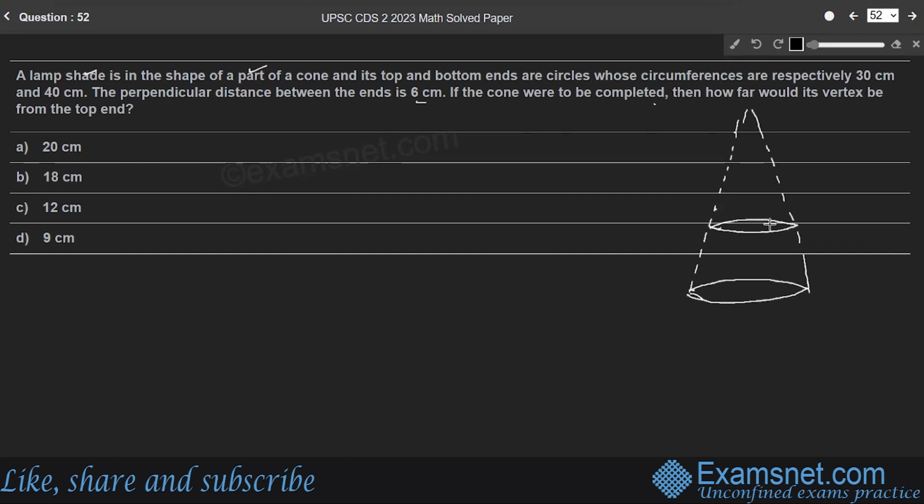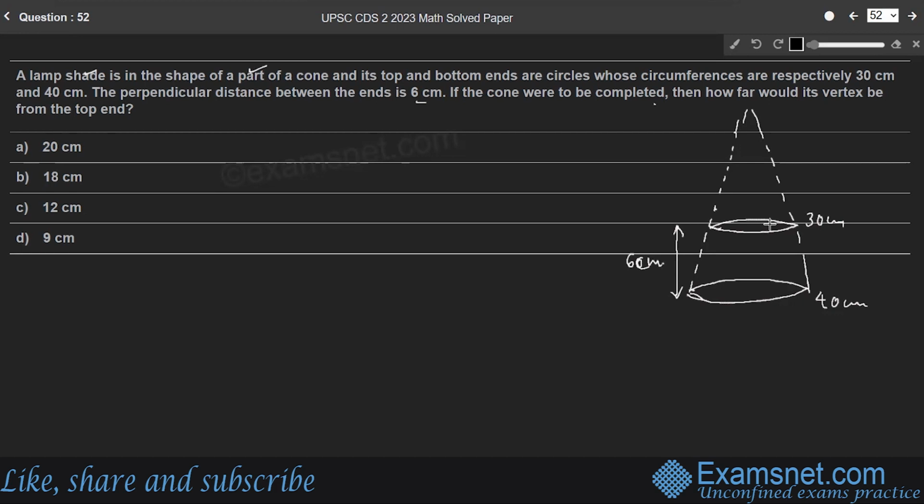Its top and bottom ends are circles. The circumference of the top circle is 30 centimeter and the bottom end is 40 centimeter. The perpendicular distance between the ends is 6 centimeter.